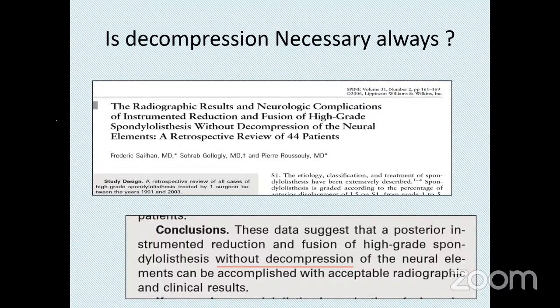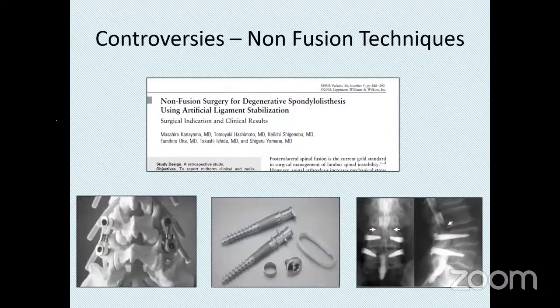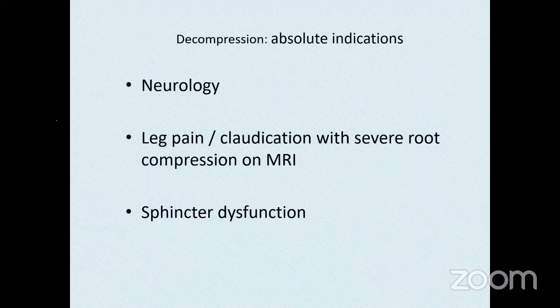Decompression is needed only if there is significant compression to begin with. Otherwise, we can rely on indirect decompression, which we achieve by jacking up the disc space with a cage and reducing the listhesis. If there is a neurological deficit, significant claudication, compression of the nerve roots, or central canal stenosis, these are the cases in which we do decompression.